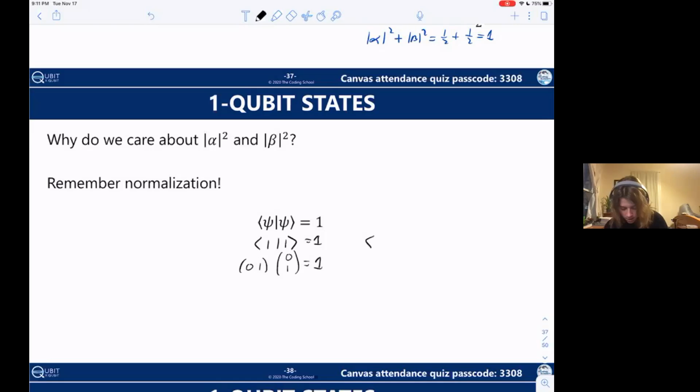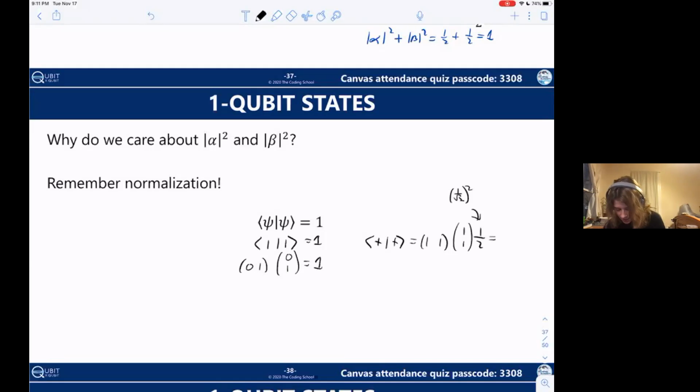And all of our states will end up with the same normalization. So if we did the plus state, we noted before, that would give us 1, 1. I'm going to put my normalization at the end because I always forget about it. This is 1/2 because that's the square of 1 over root 2.